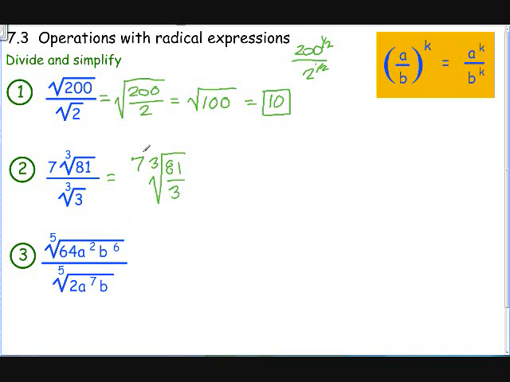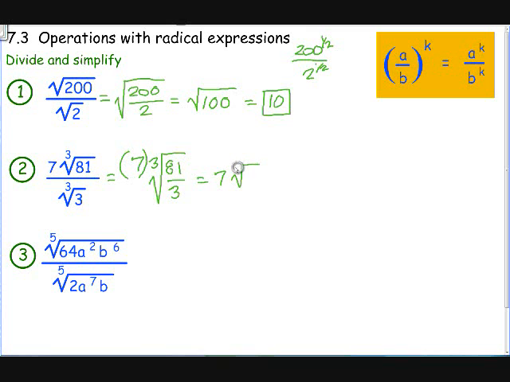Now, do you see why I'm doing that? Because I recognize that 3 is not a perfect cube, 81 is not a perfect cube, but if I divided 81 by 3, what would I get? Let's do it. 27.